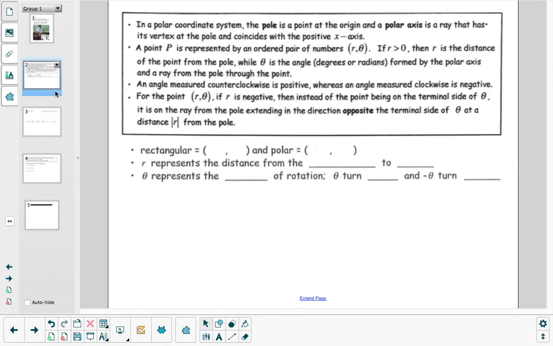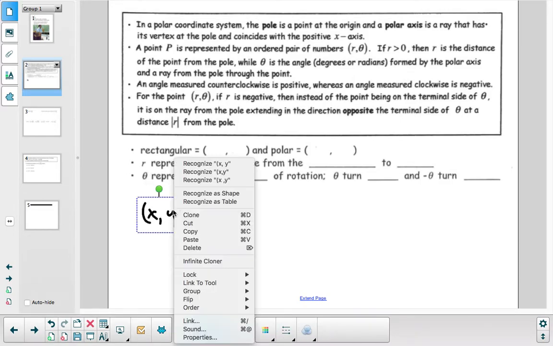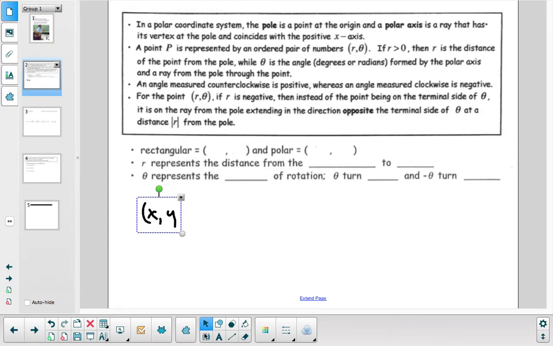We're used to drawing coordinates as Cartesian or rectangular coordinates, which have an x and y portion to the coordinate. So this is Cartesian or rectangular.